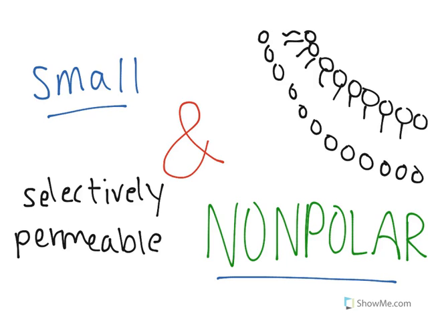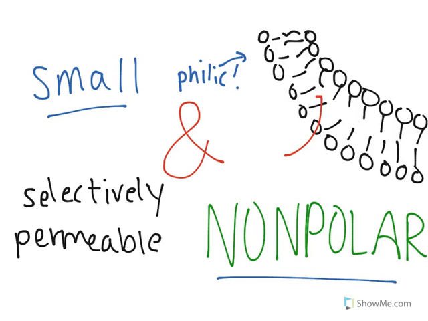So primarily what you have to remember is that on the outside we have these hydrophilic heads, and on the inside we have hydrophobic tails. So basically the outside of the phospholipid bilayer likes water and the inside does not.